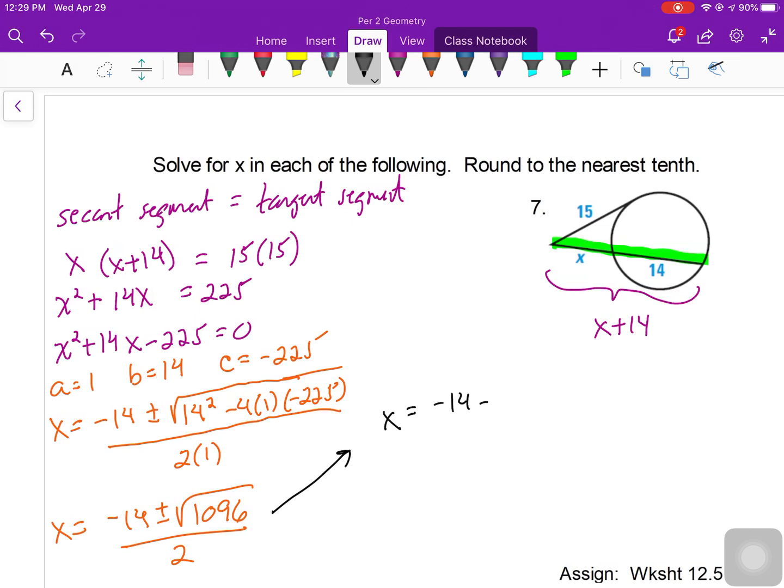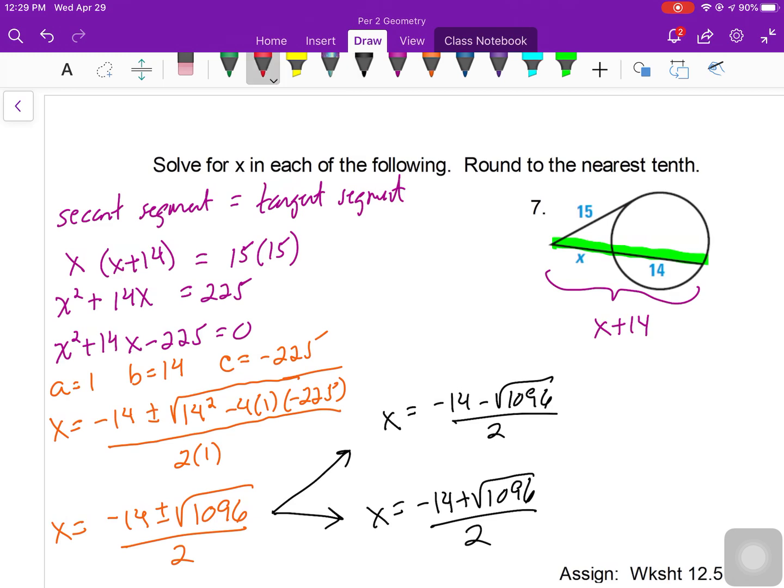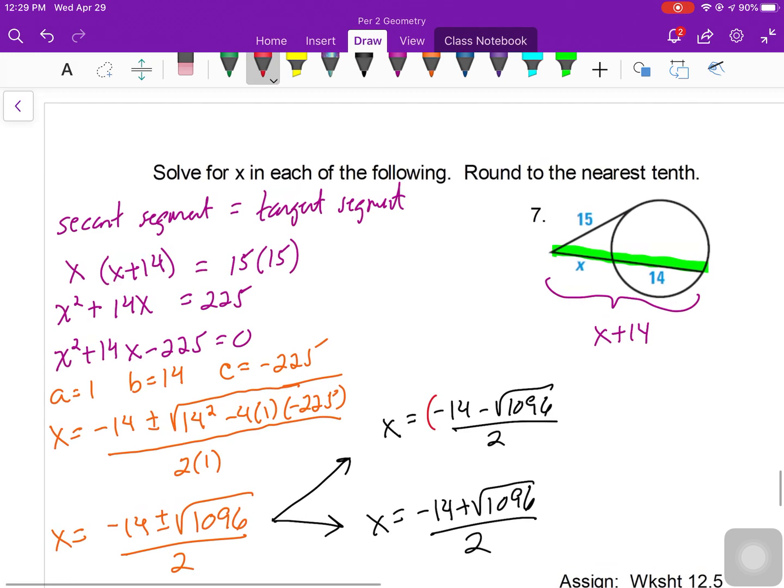Splitting it now into its two parts. Using the negative, we would have negative 14 minus the square root of 1,096. Using the plus, negative 14 plus the square root of 1,096.